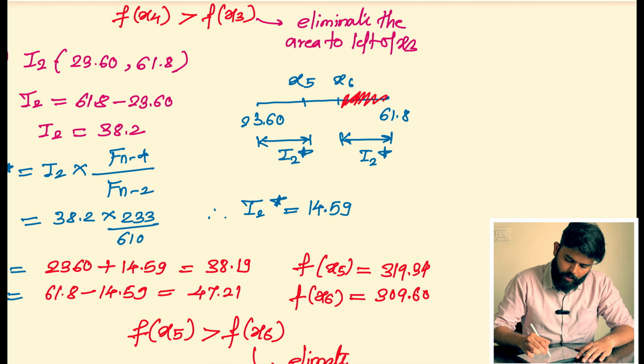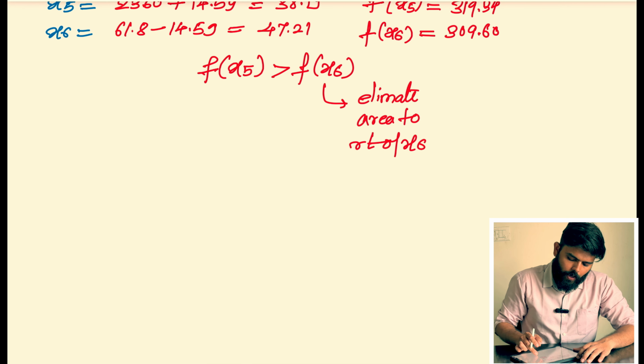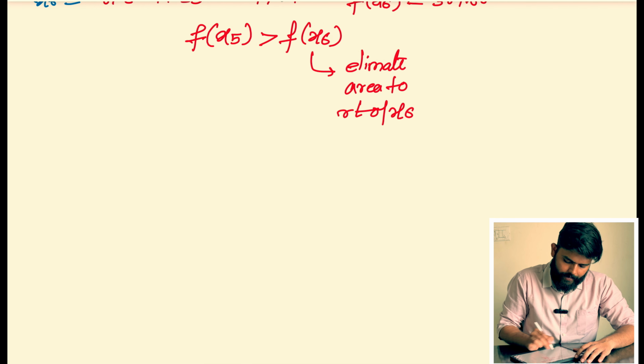Okay. So we can calculate the iterations until the values of both the points are similar. Or else we can stop after 3 to 4 iterations. If we solve this problem up to 5 iterations, the points at the 5th iteration will be x9 and x10.